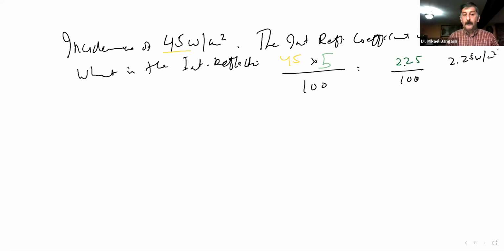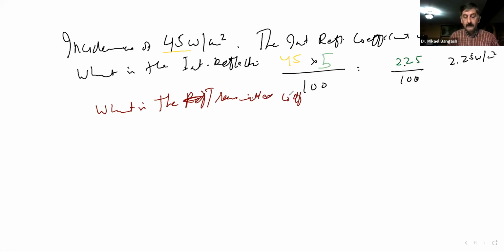Now, even though these were the numbers that you were given, they may just ask you, for instance, what is the transmission or transmitted coefficient?